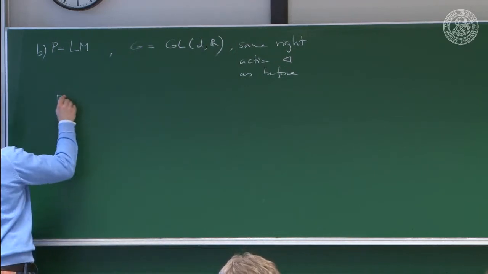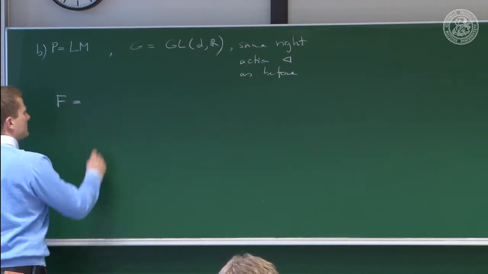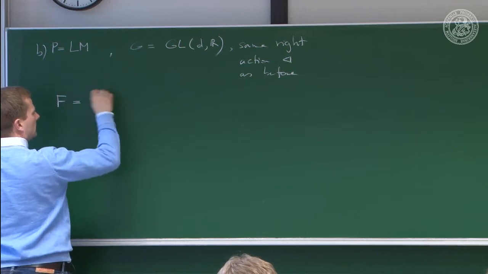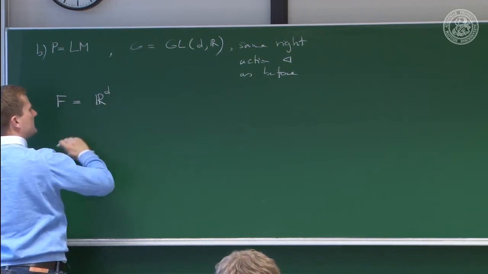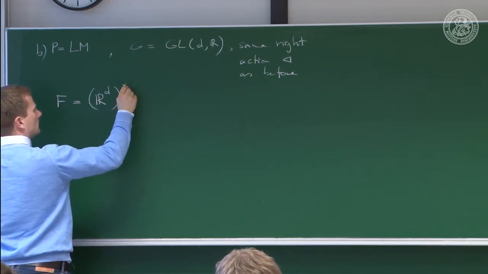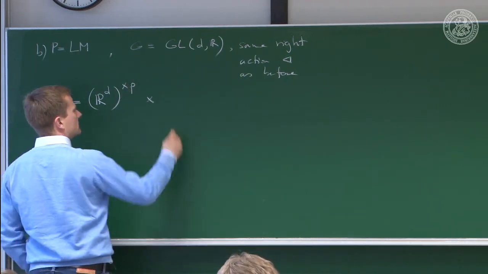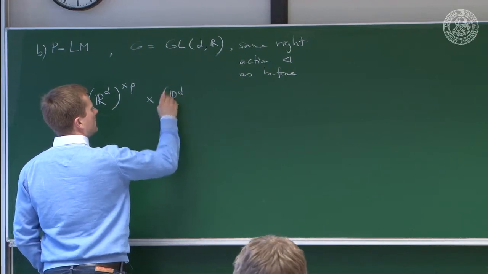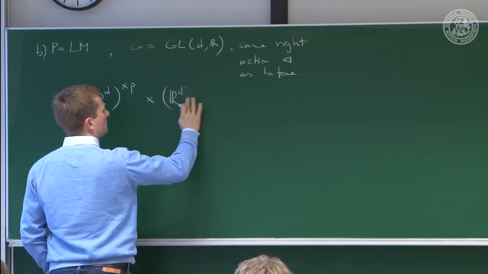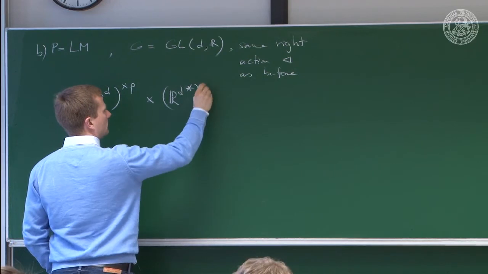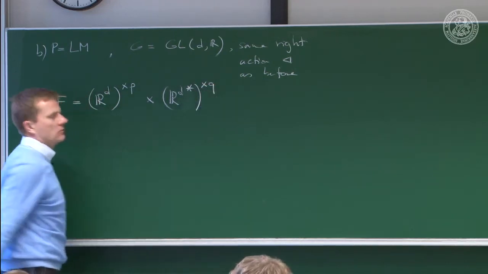And now as the fiber, however, we take P copies of RD, yet another Cartesian product, with Q copies of the dual.